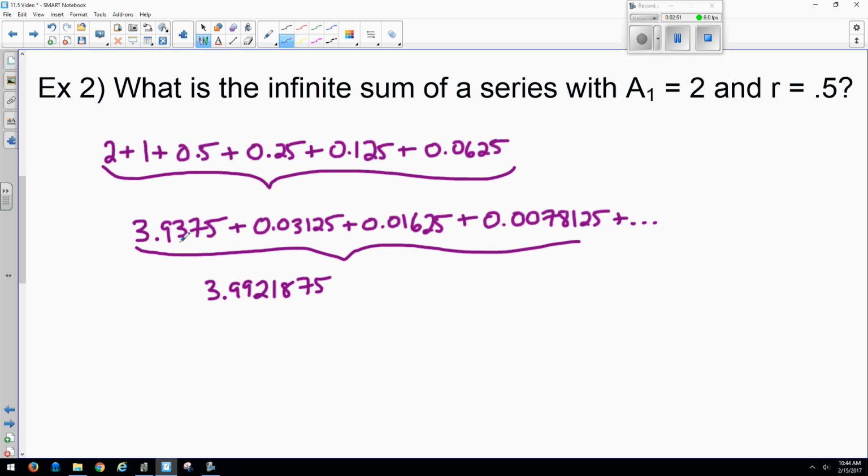As we can see, the more numbers we add on, it goes from here to here. Eventually, if we keep adding up all of the numbers, we're going to get 4. There's a formula that does this for us, but I just wanted you to see where we get this from.